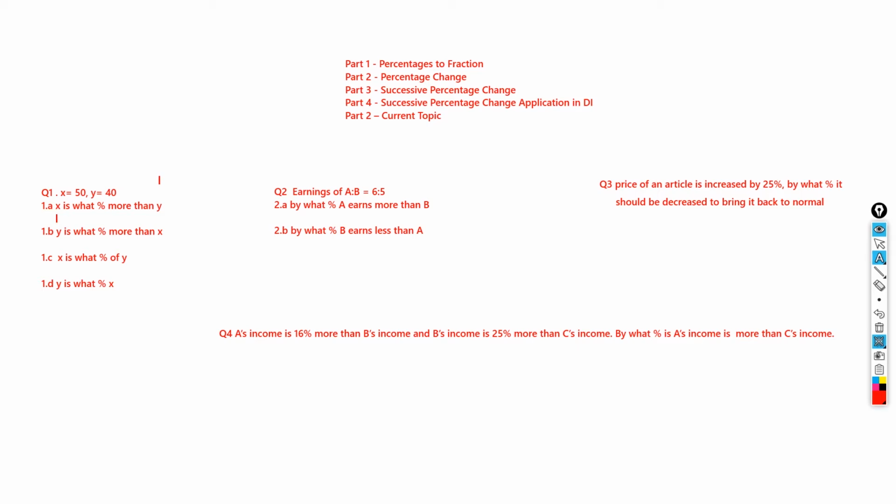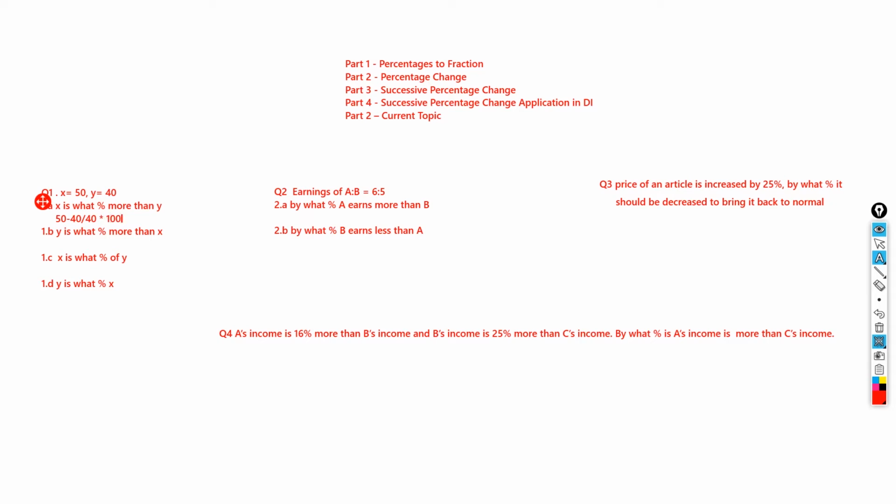Since we know x is greater than y, we take the difference, which is 50 minus 40, divided by y, since it is more than y, which is 40. This multiplied with 100 will be the answer.